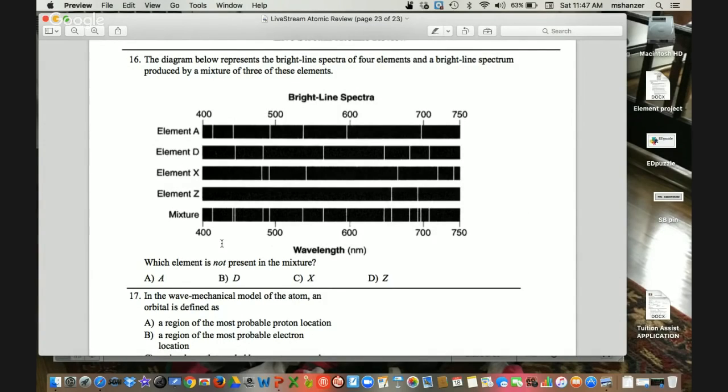And so basically all you're doing is lining up and comparing. And if we look at element X, we can see that these 2 lines do not appear in the mixture. And because these 2 lines don't appear, even though some of the other lines do, we can understand that X would not be present. So keep in mind, it's all the lines or else it's not present.